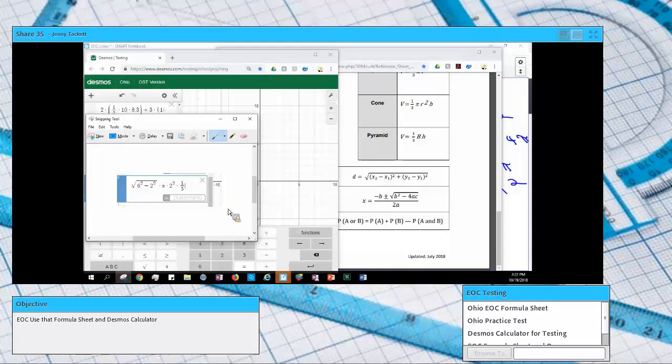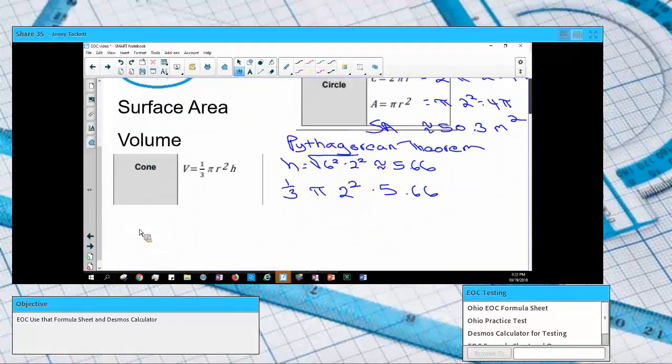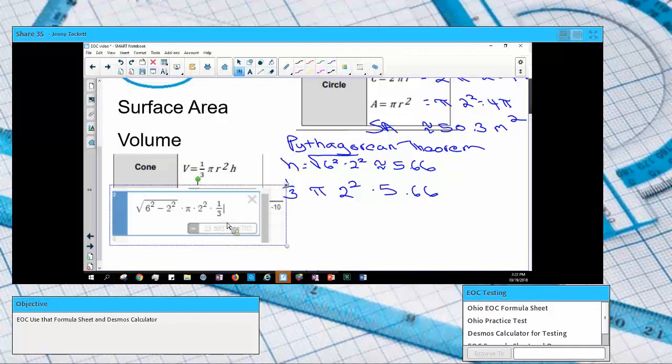That way I'm letting the calculator do more and more of the work for me to give me the volume of the cone. And I'm going to double check.